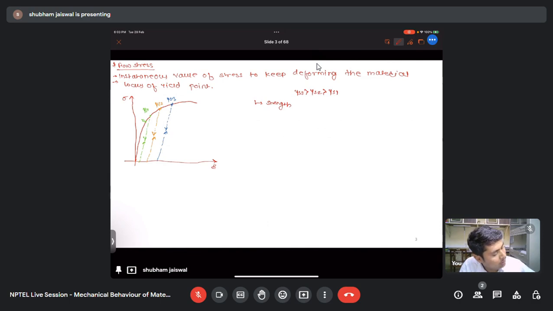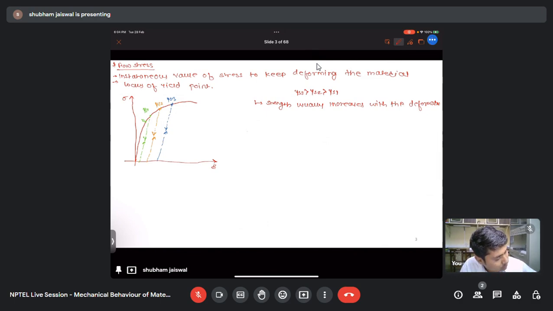Strength usually increases with the deformation. And if we take the locus of all these points, we will get a flow stress curve. So that is why it is the locus of yield point.